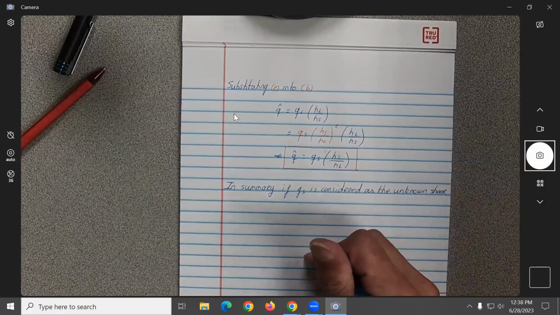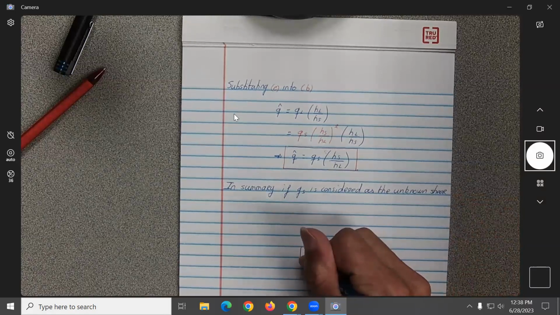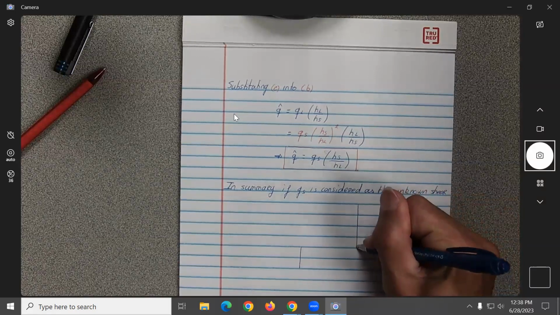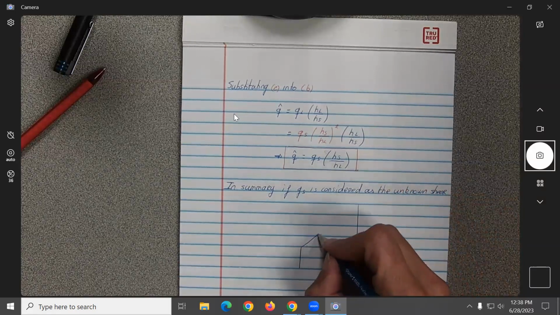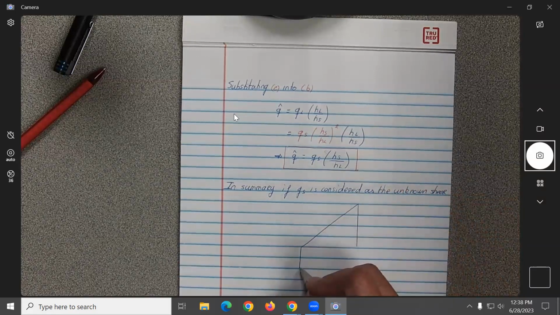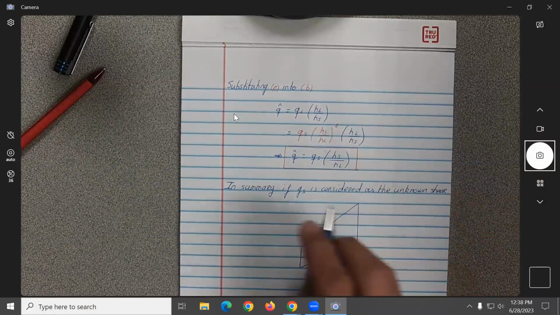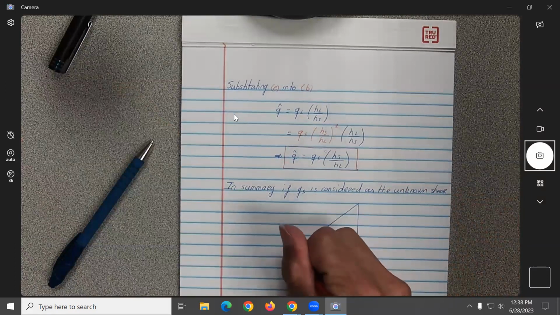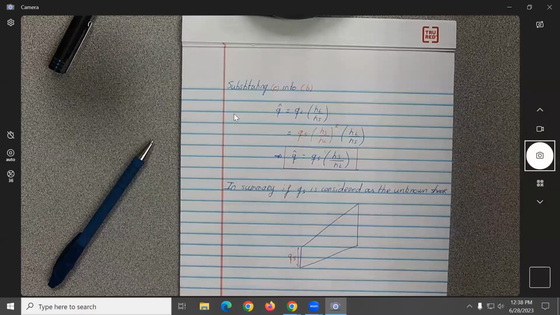So let's see if I can make it a bit bigger. Hopefully I'm not gonna mess it up. So we'll be 4 now. Okay, so Q short is the unknown that we want.